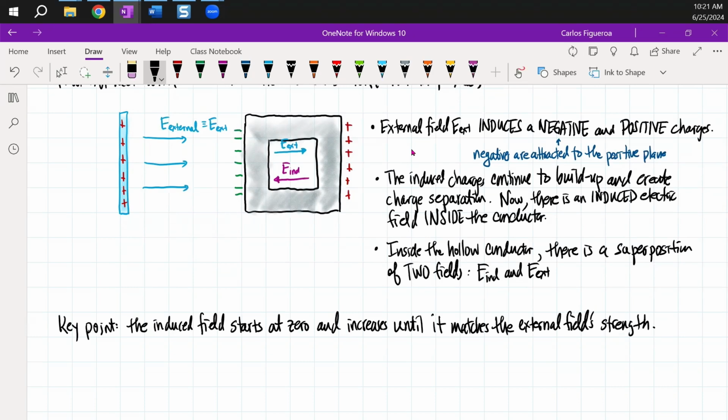So once again, the charges continue to move until you reach a state of electrostatic equilibrium.